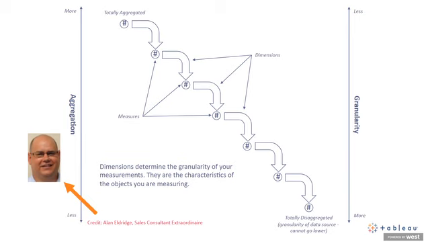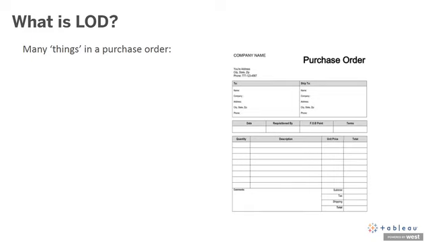But I want to talk about it in really concrete terms, because I think that's more how people think and less how computers think. So I want to start with an example of data in a very concrete form. This is a purchase order that I might have, and this might be the source for some data. There are many things in a purchase order.